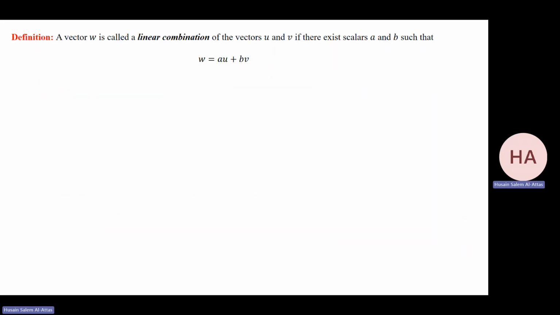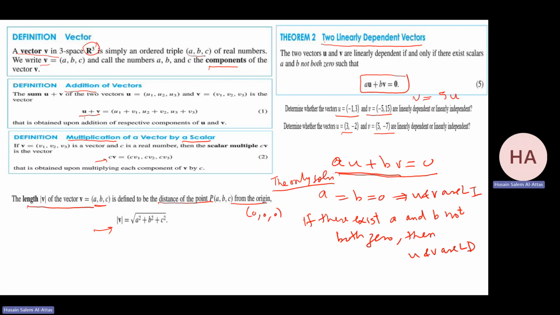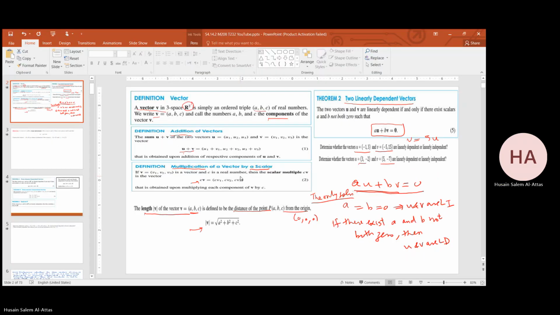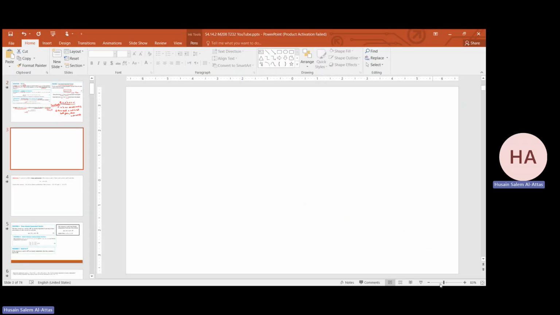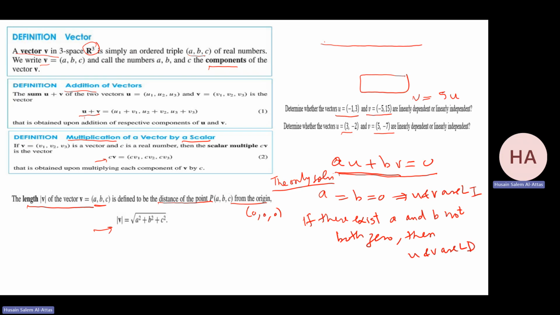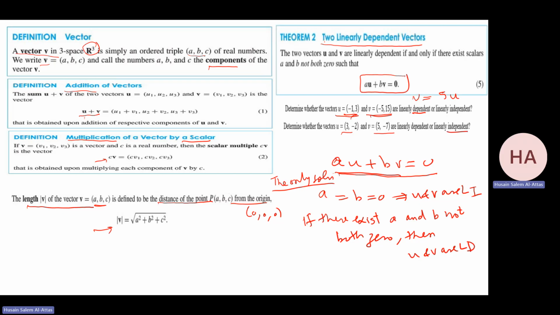I wish it's clear. Let me add one page. I'll try to apply that to these vectors, where it's very clear that one pair is dependent and the other is independent. So let us see what will happen.